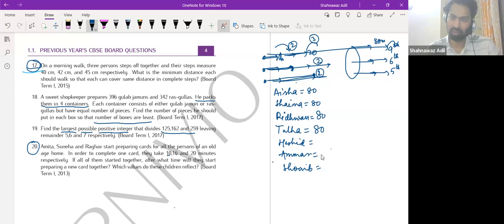Amar also got this kind. Talha got disconnected. Yeah, so did you get any position, Aisha? Position in the class, right? In my class, first, but in the grade, second.